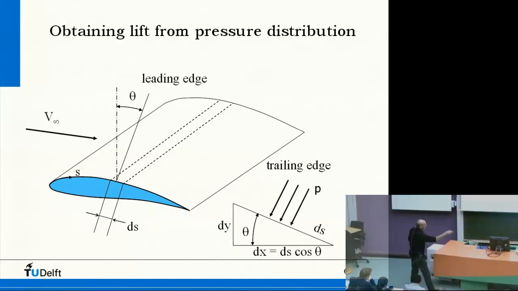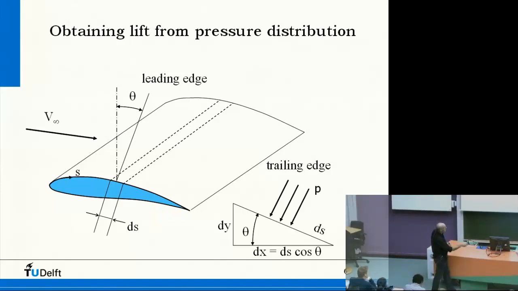And if we look at this piece here, we have dy and dx. And this dx is ds cosine of theta. We have all kinds of angles here, and the angle that the surface makes with the chord line is theta.